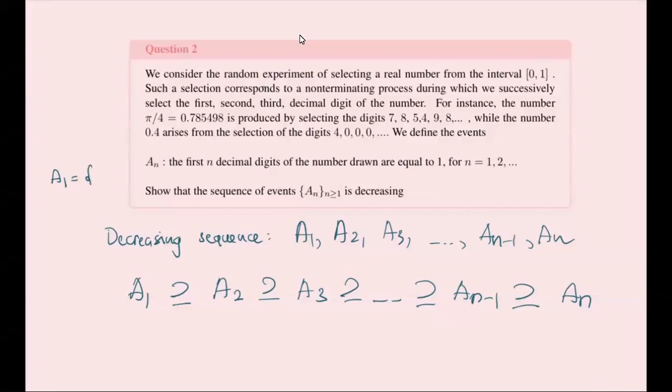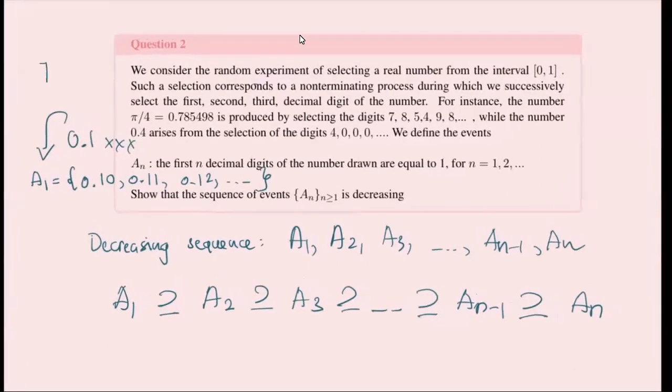So for example, you have A1 consisting of the numbers such that the first decimal digit is equal to 1, like 0.10, 0.11, 0.12, something like that. Anything that has the form 0.1 something after it would belong to A1. How about A2?